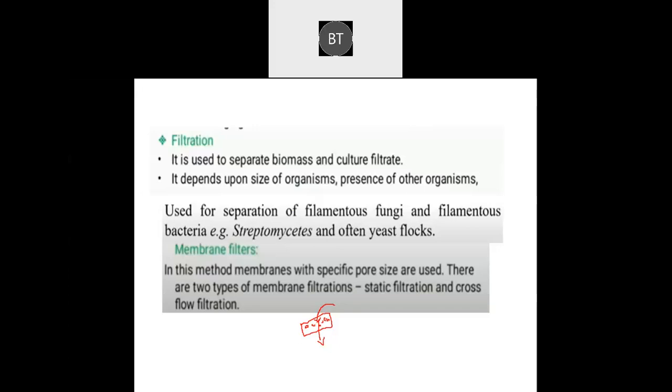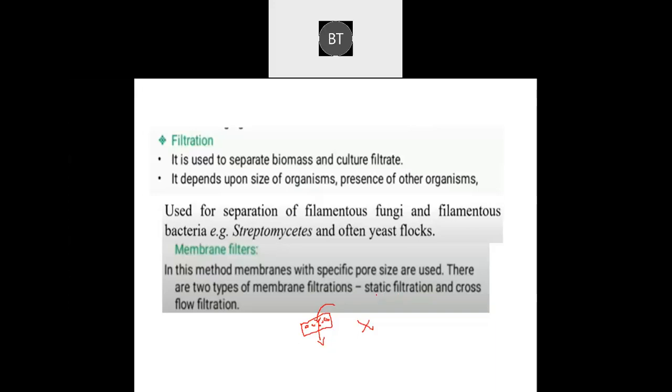You have what is known as cross filtration, wherein the culture broth is pumped in a crosswise fashion, so you can collect it in the crosswise fraction. This reduces the clogging process, and hence it is better than other filtration like static filtration.